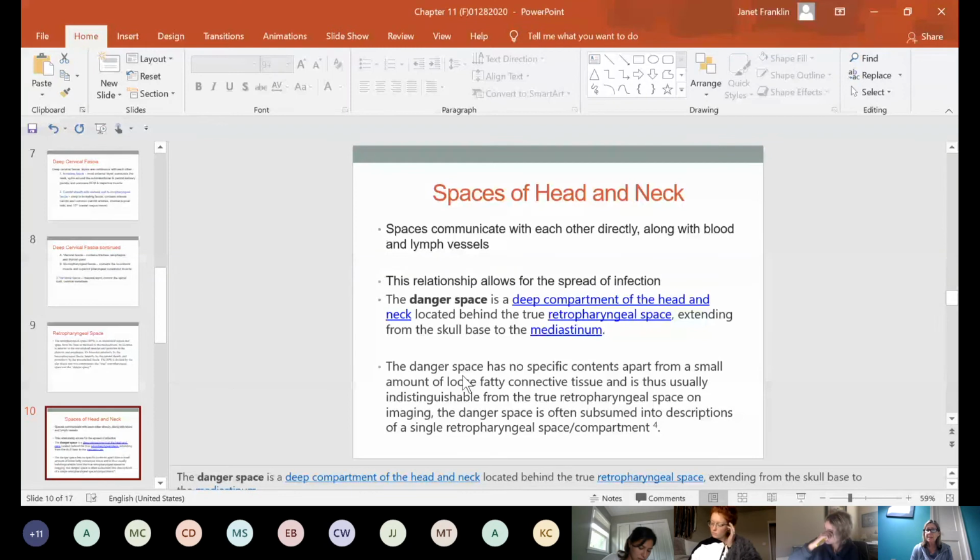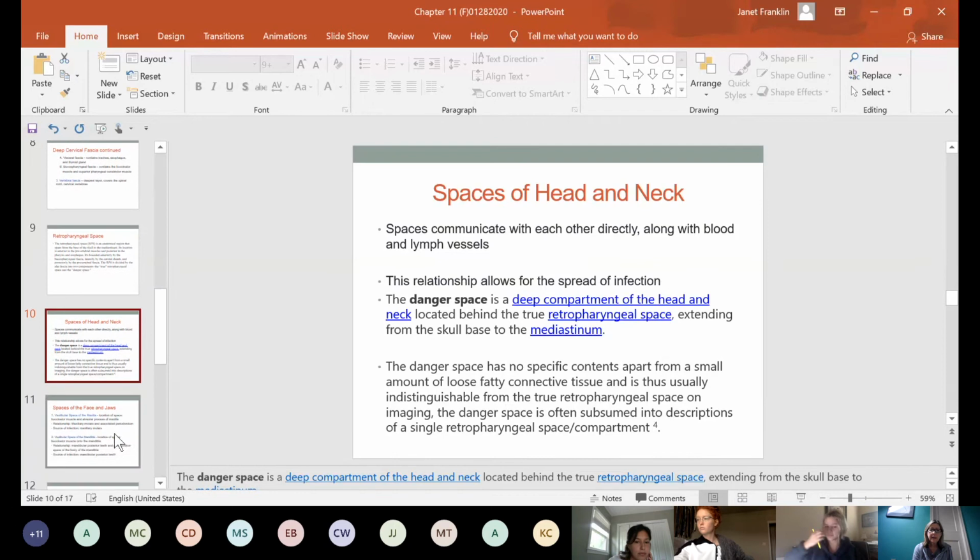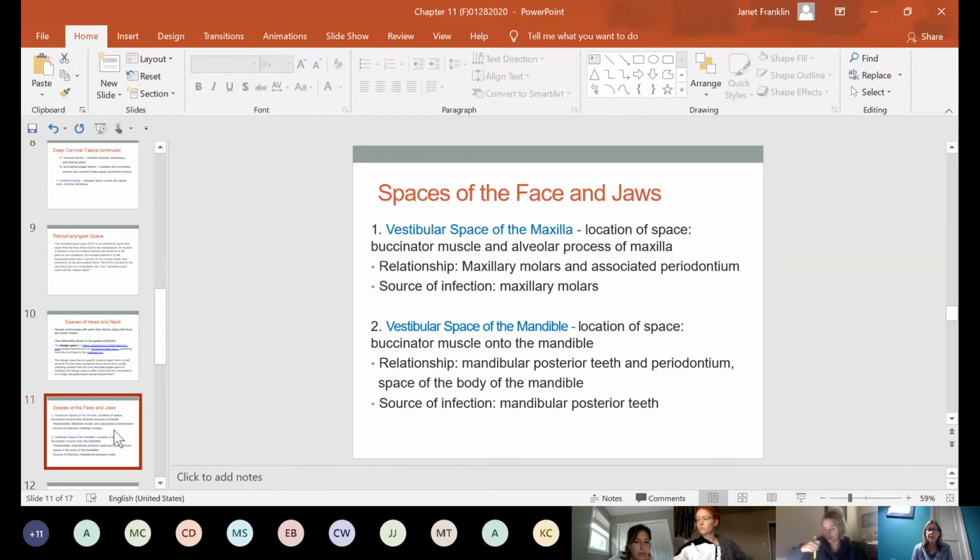So the danger space, where its location has no specific contents apart from small, loose, fatty connective tissue, and is thus usually indistinguishable from the true retropharyngeal space on the imaging. The danger space is often subsumed into descriptions of a single retropharyngeal space or compartment. So it's a space. If it gets infection in it, it's considered to be very dangerous.